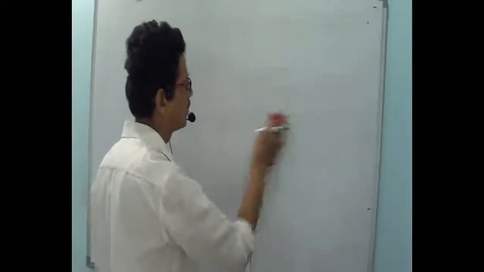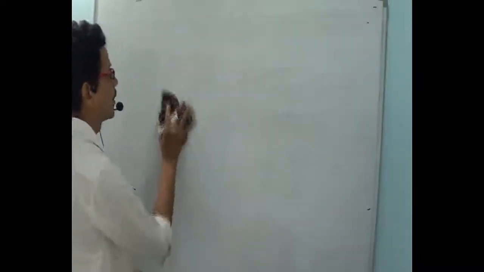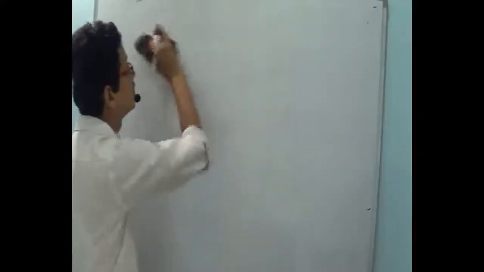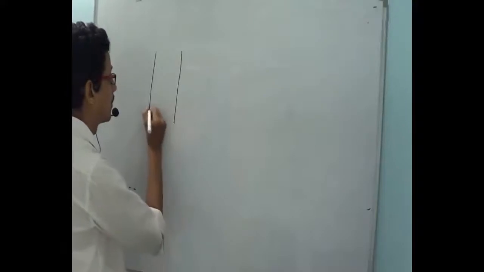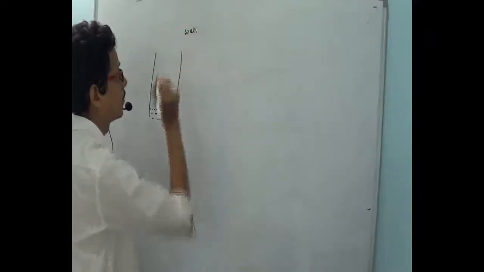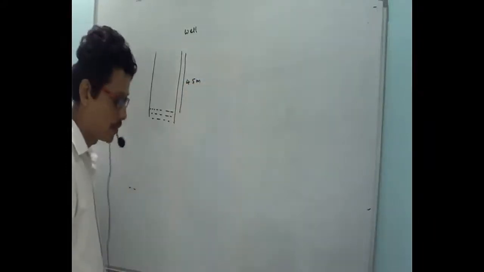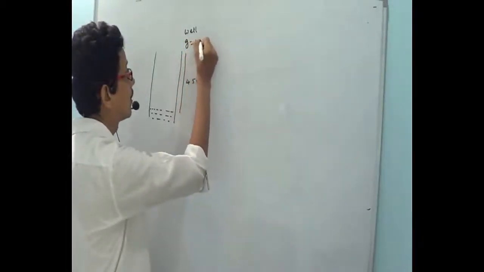A splash is heard 3.12 seconds after a stone is dropped into a well of depth, well, W-E-L-L, into a well of depth 45 meters. G he has asked us to take 10 meter per second square.